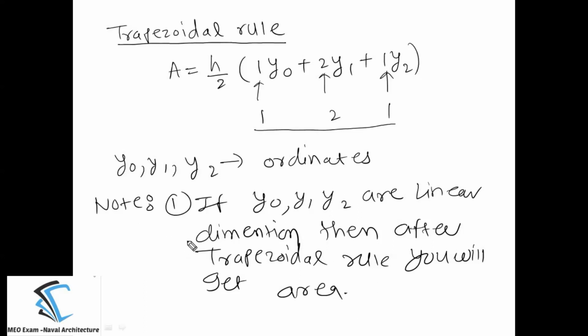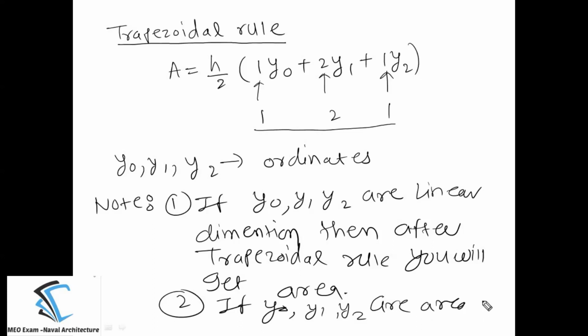This is the first important note. The second one is if y0, y1 and y2 are areas, then after using the trapezoidal rule, you will get a volume.